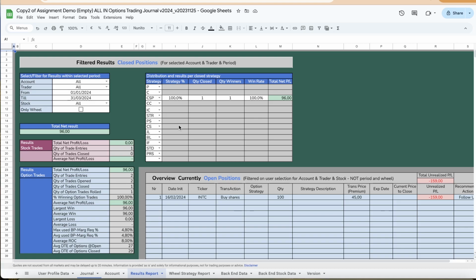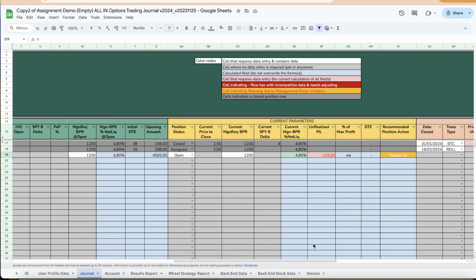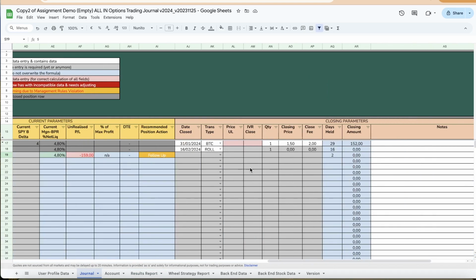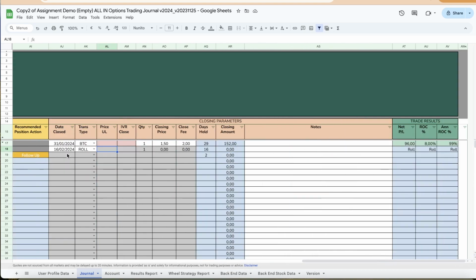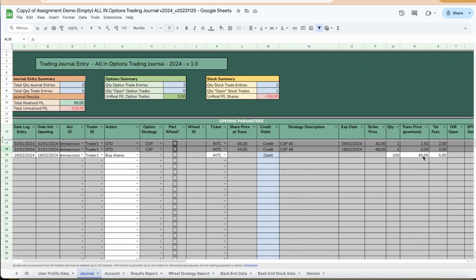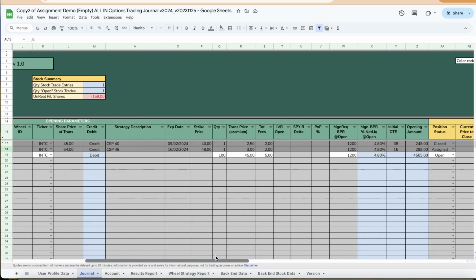But maybe in the next version I will change this option, so that you go into the journal and can select assignment there, and that with an assignment the trade result is not calculated, and you need to adjust the transaction price to have a correct overview of your positions.